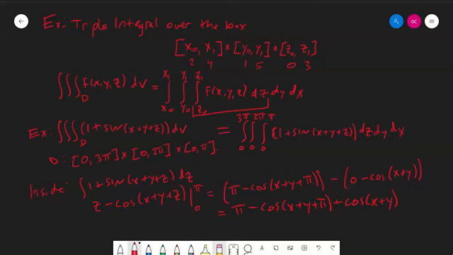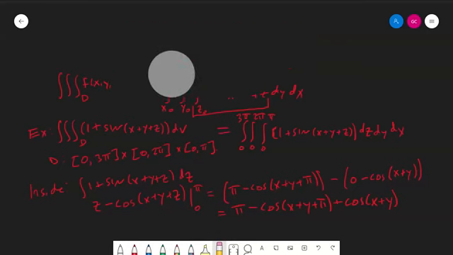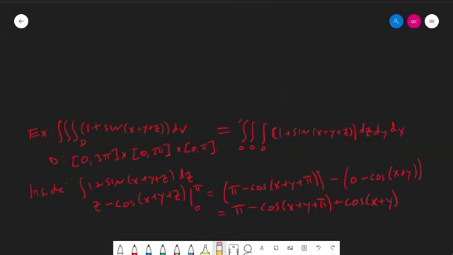And so now if we wanted to, we could go on, and we'd have the integral from 0 to 3 pi of the integral from 0 to 2 pi of all of that, pi minus cosine of x plus y plus pi, plus cosine of x plus y, dy dx.